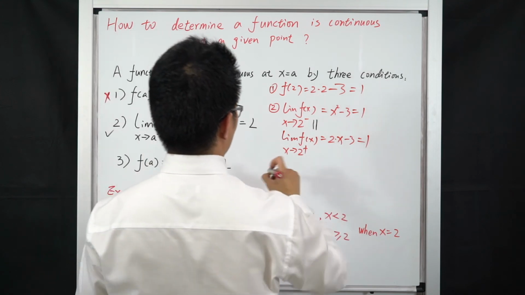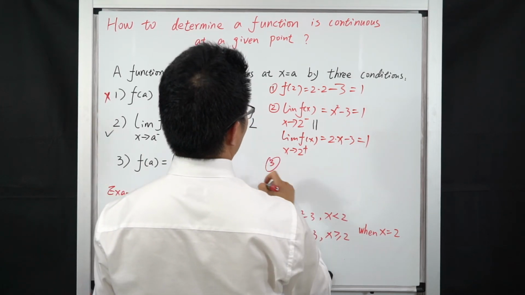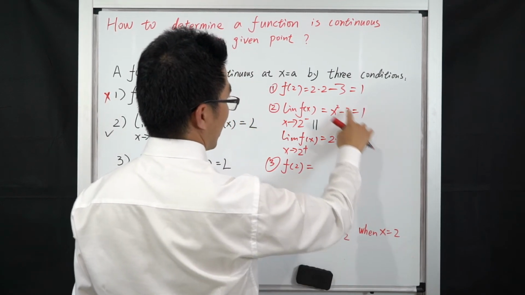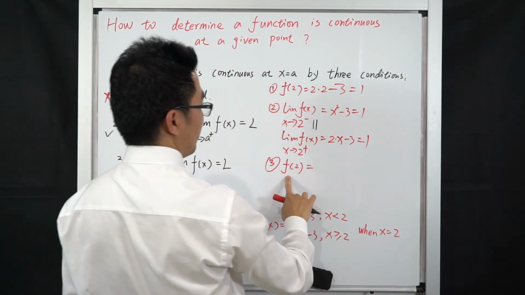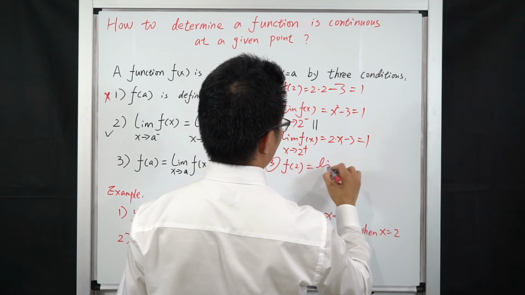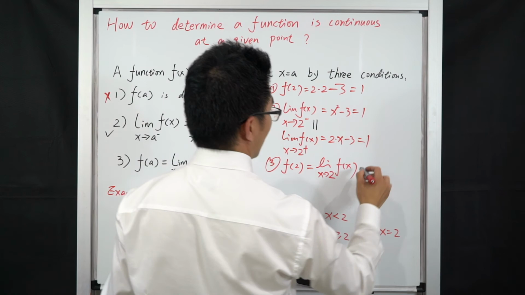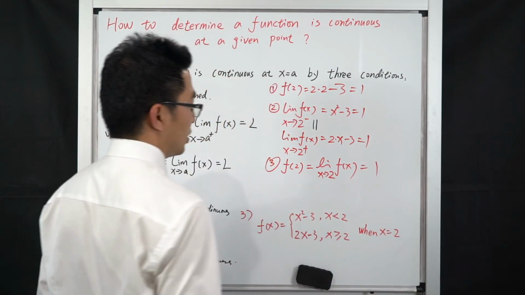And the last condition is f(2) equal to 1. They're all equal, right? So f(2) equals the limit of the function when x goes to 2. They're all equal to 1.